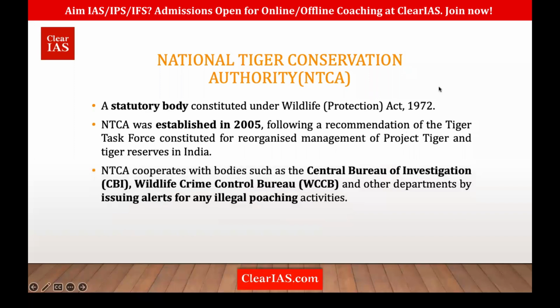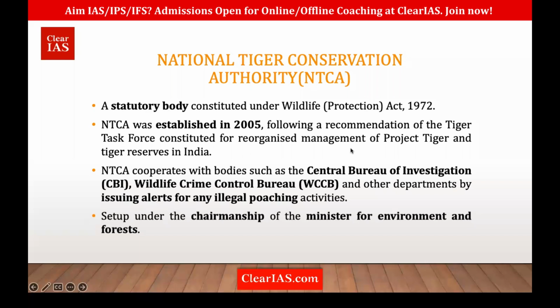Along with the Central Bureau of Investigation and the Wildlife Crime Control Bureau, they try to reduce the poaching of tigers and other species in the national parks, tiger reserves, etc. So they try to control poaching, illegal activities, smuggling, everything.